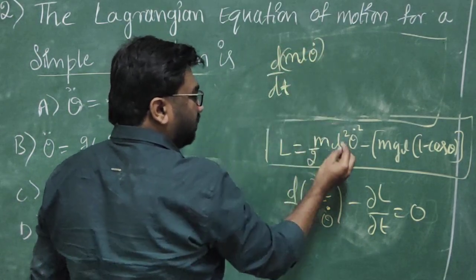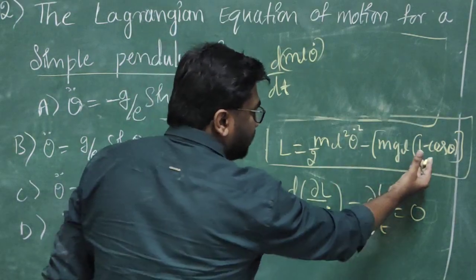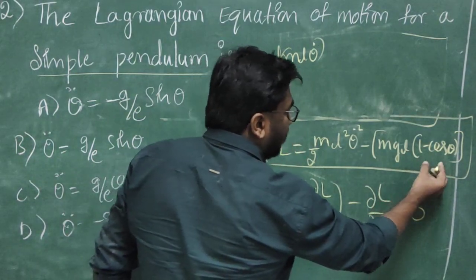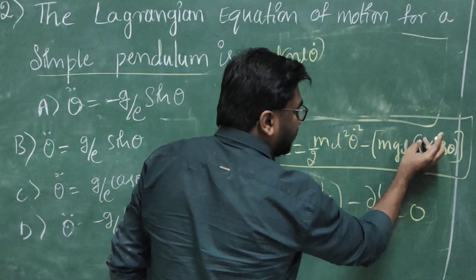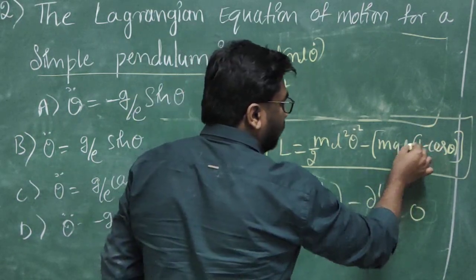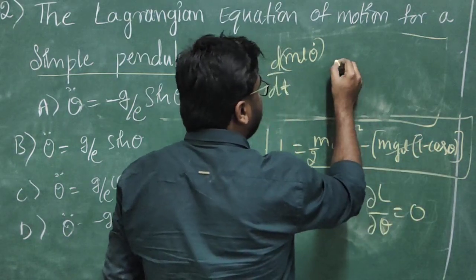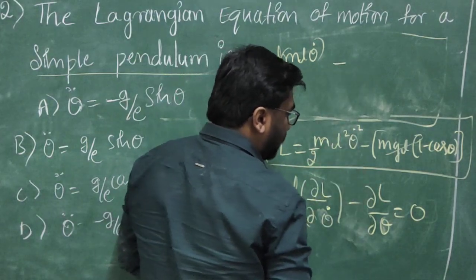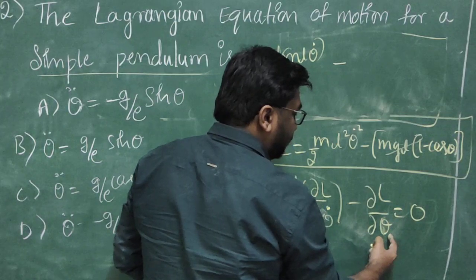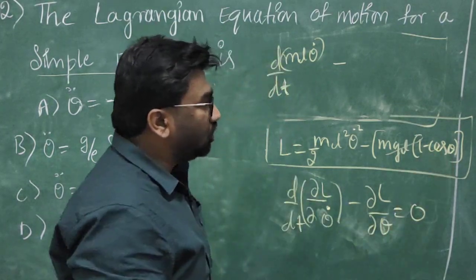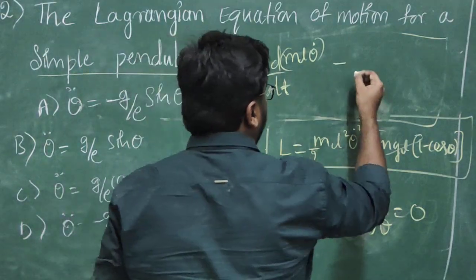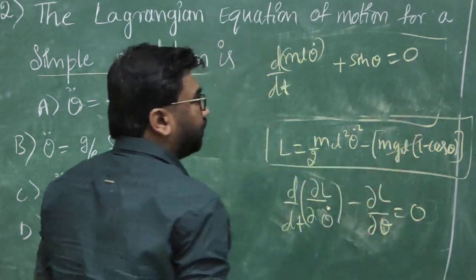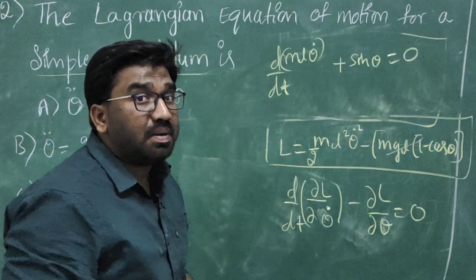Now differentiate this with respect to theta. The first term has no theta, so this will be 0, and for the second term, minus into minus gives plus, and if we differentiate cos theta, we know that the differentiation of cos theta is nothing but minus sin theta. So again it will be plus sin theta, which is equal to 0.